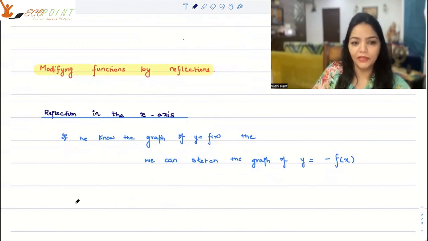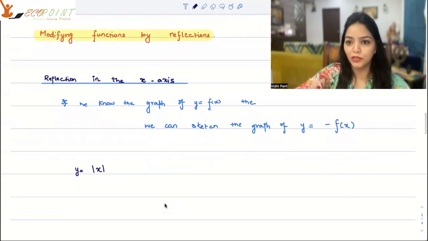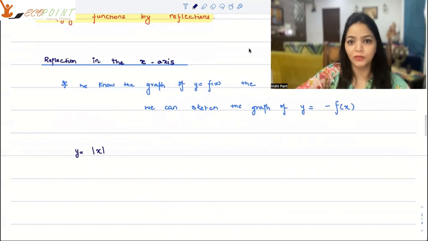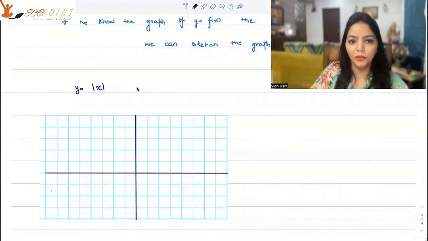Suppose we have y equals modulus of x. We all know the graph for y equals modulus of x. Let's just put it up here. So the modulus x graph would look something like this. If x is minus 2, y is 2.